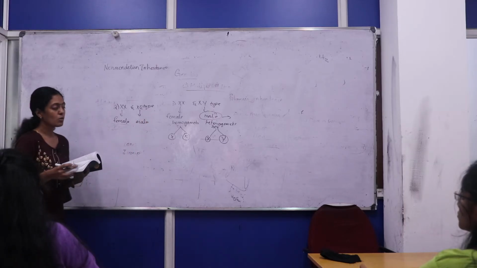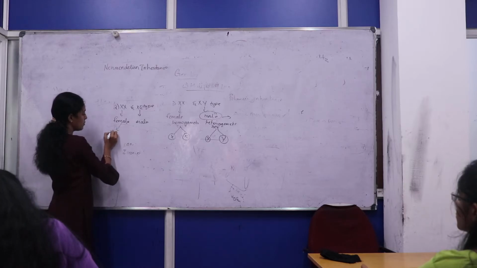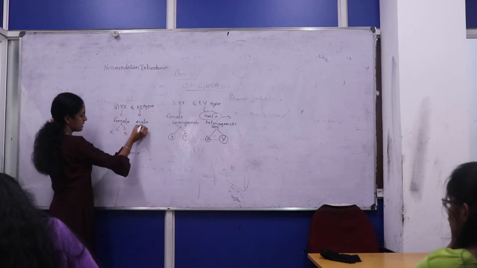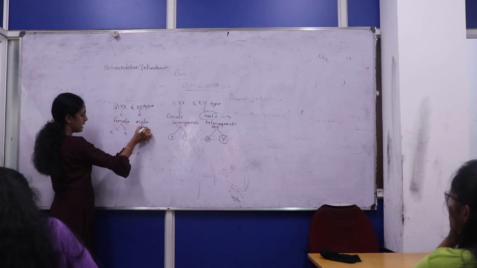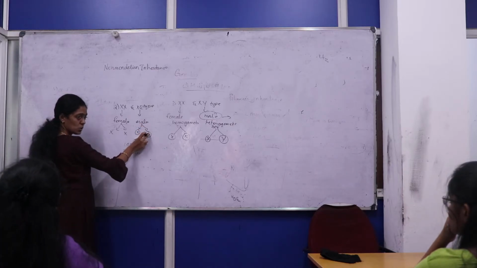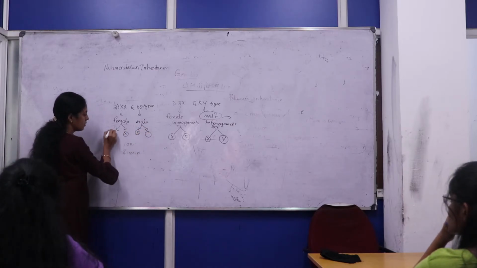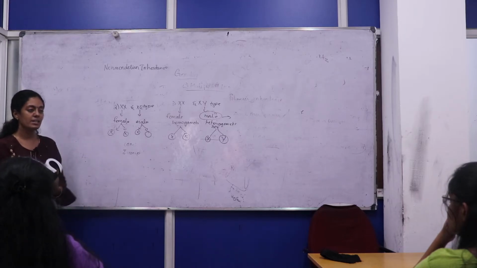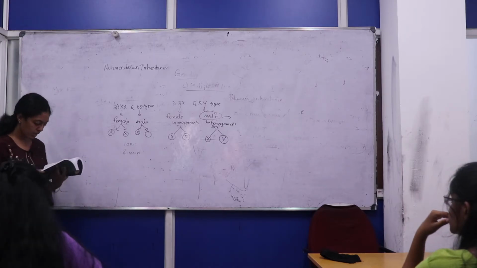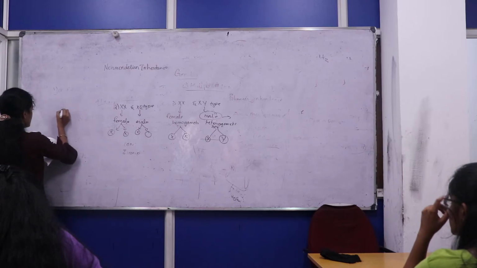So what will the female produce? The female will produce XX, the male will produce only X, and here there will be no sex chromosome in this gamete. Okay. So again, who will determine the sex? The male.